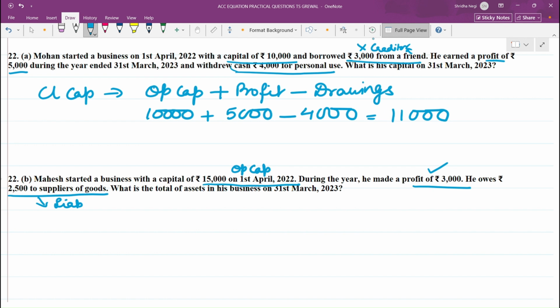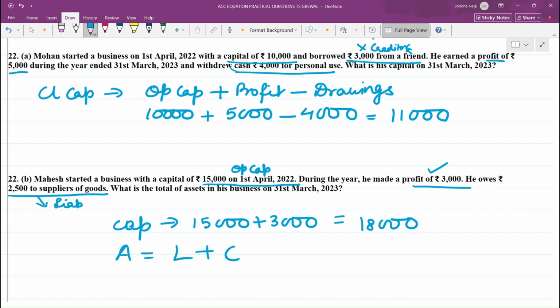तो सबसे पहले हम इसमें क्या करेंगे? We will calculate the closing capital. Capital का सही amount निकालते हैं. Capital is your 15,000 जो opening दिया है plus the profit. कितना हो गया? 18,000. Now what is he saying? Find out what is the total assets. तो हमारी equation क्या है? Asset is equal to liability plus capital. And how much is the liability?